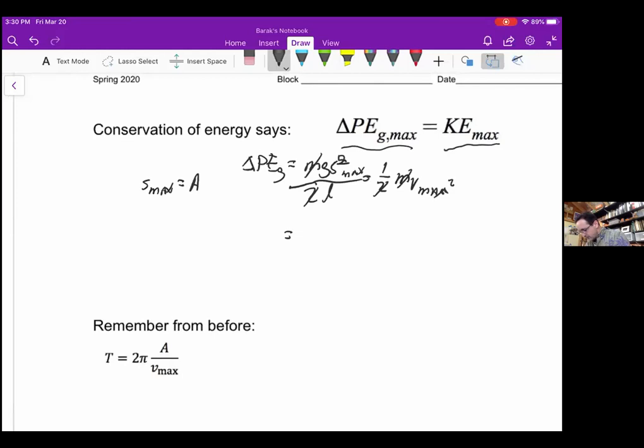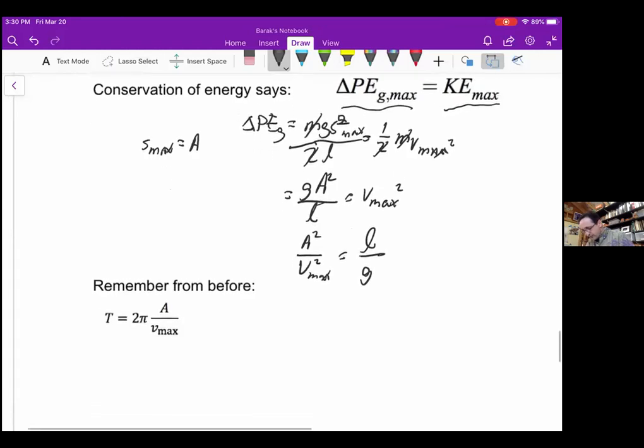We have g times A squared over L equals v max squared. Okay, now let's put that in terms of A squared over v squared, and we'll get to why in a moment. A squared over v max squared equals L over g.